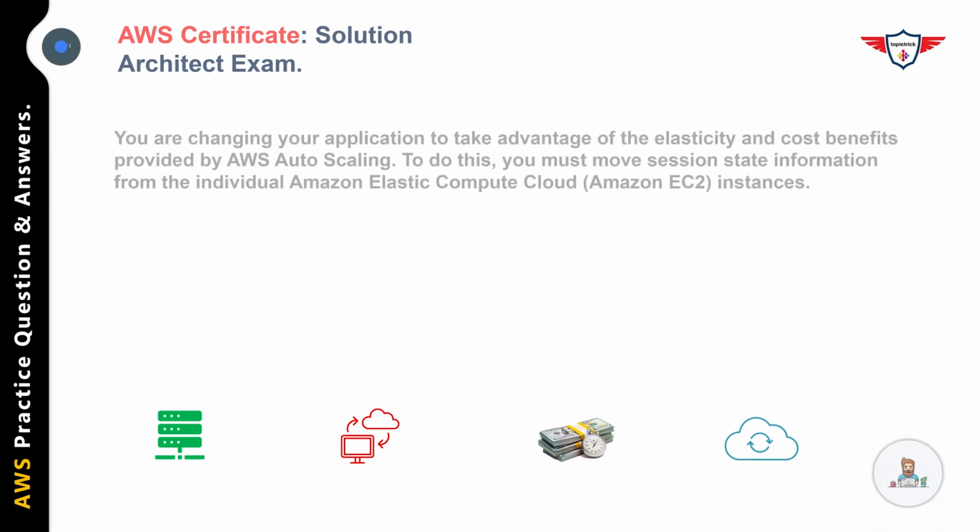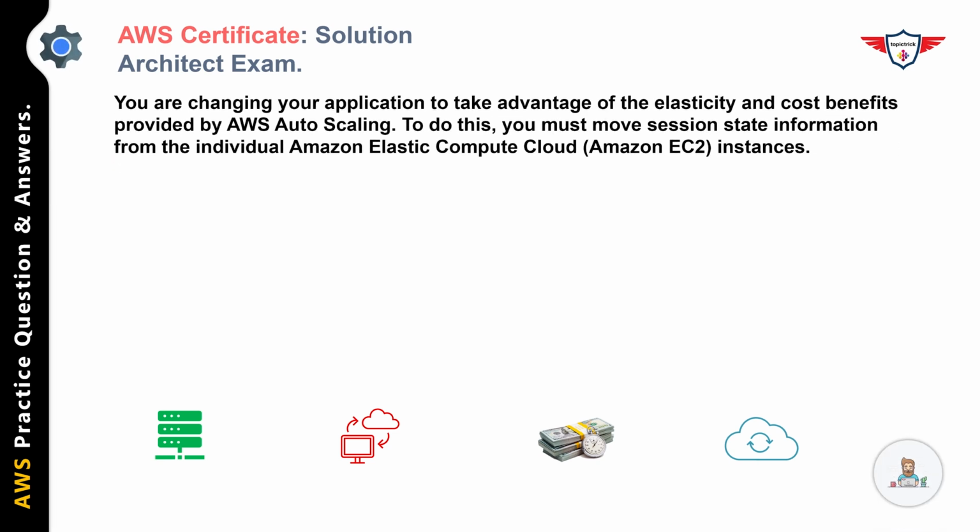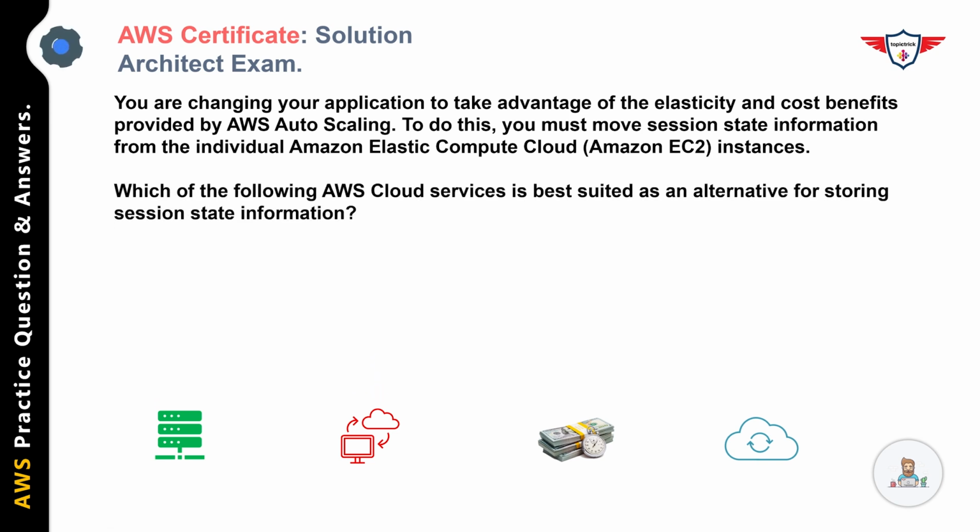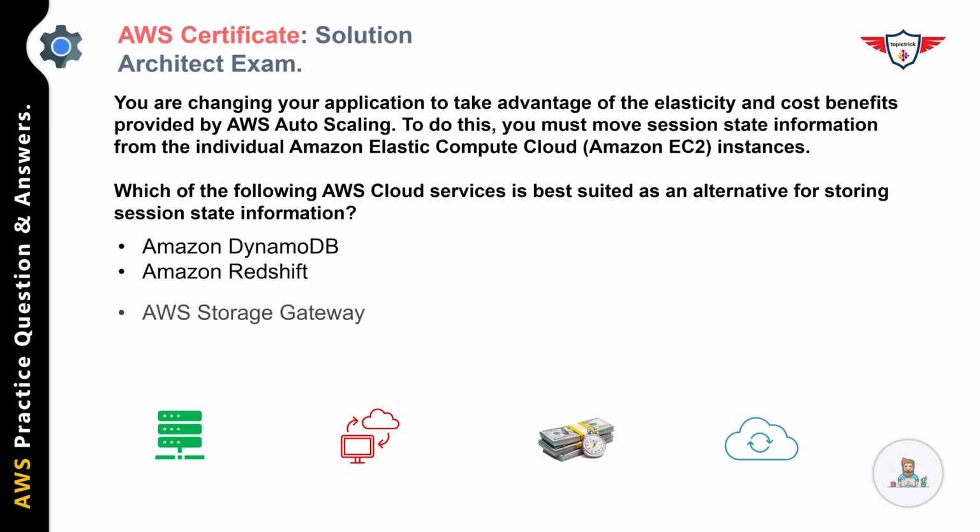You are changing your application to take advantage of the elasticity and cost benefit provided by AWS Auto Scaling. To do this, you must move your session state information from the individual Amazon EC2 instance. Which of the following AWS cloud services is best suited as an alternative for storing session state information? And your options are Amazon DynamoDB, Amazon Redshift, AWS Storage Gateway, Amazon Kinesis.